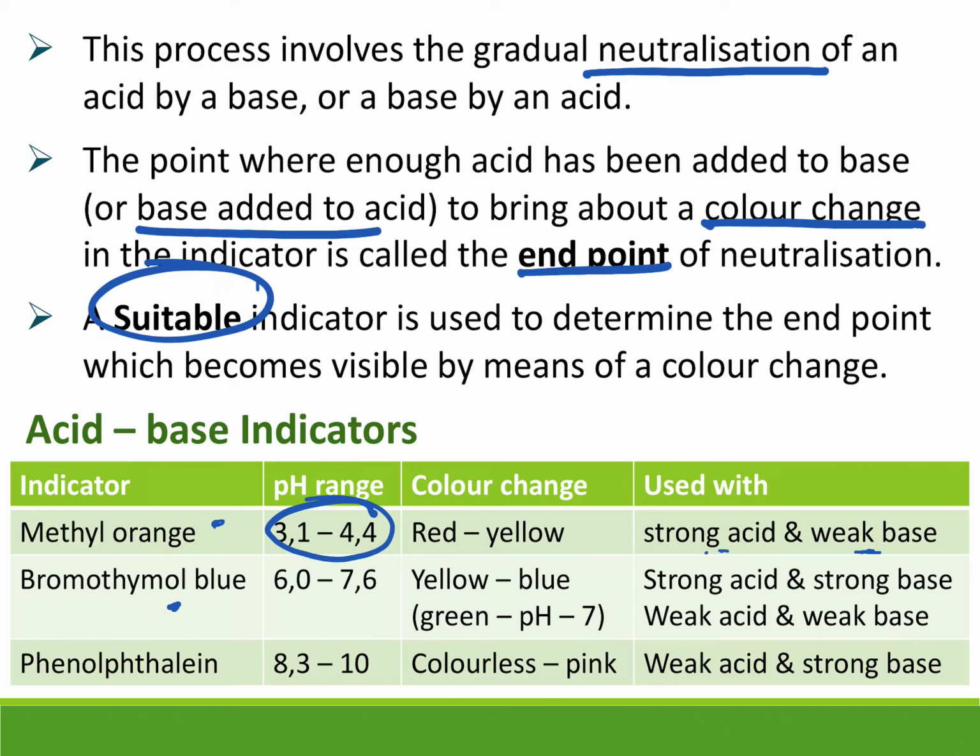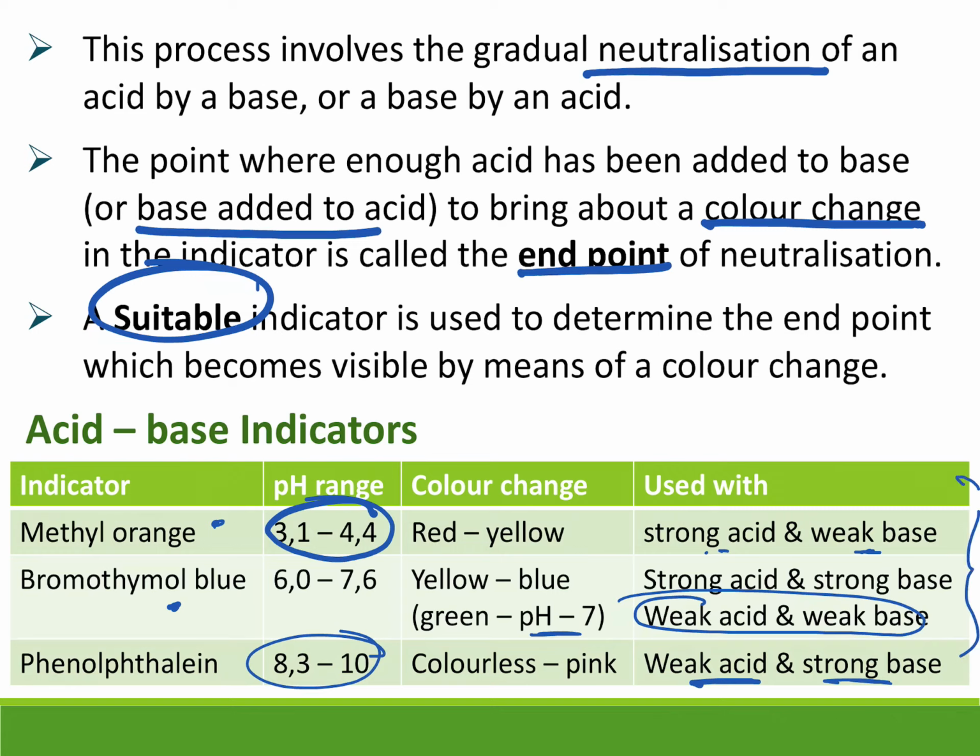That gives us a pH of 7, because actually it can go green, but normally we go a little bit beyond that. I have put a weak acid and a weak base here, but honestly you shouldn't get a weak acid or a weak base there. Then we've got phenolphthalein, which we use for a weak acid and strong base. It changes color in a base, so we have to have a basic salt for it.